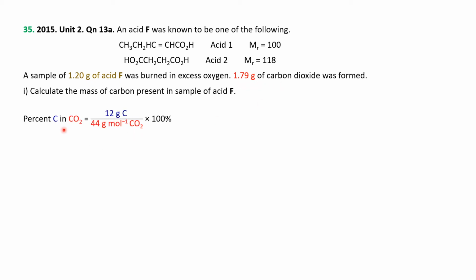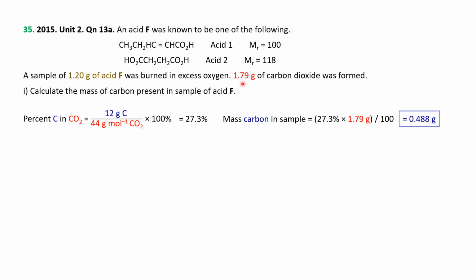So the percent carbon in carbon dioxide is of course 12 over 44 times 100%, or 27.3%. So that means that the mass of carbon is 27.3% of the 1.79 grams of carbon dioxide, which is 0.488 grams.